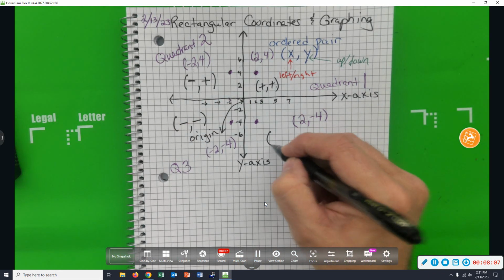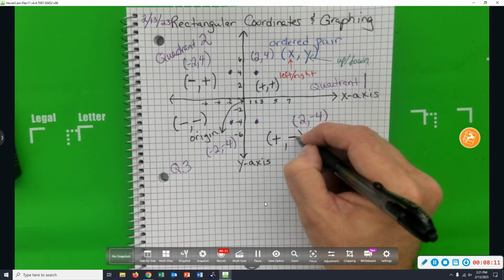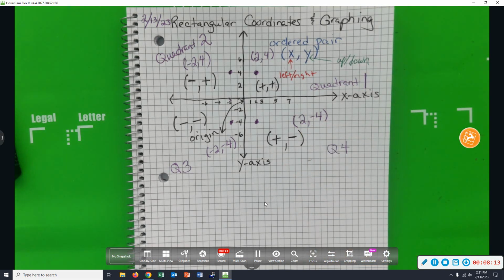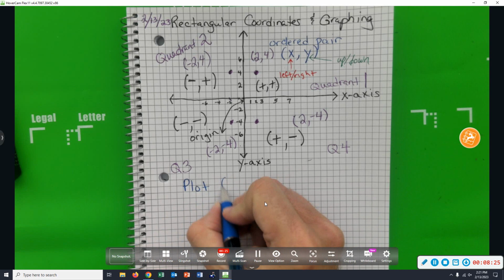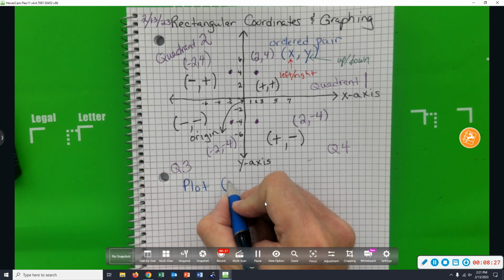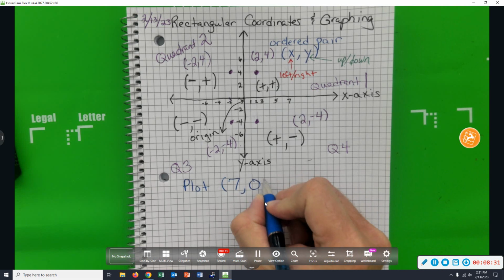One more, quadrant 4, positive and negative. Now, it's possible to have points just on the x-axis or the y-axis. If you wanted, let's see, what color have I not used? In blue, if I wanted to plot the point (7, 0).